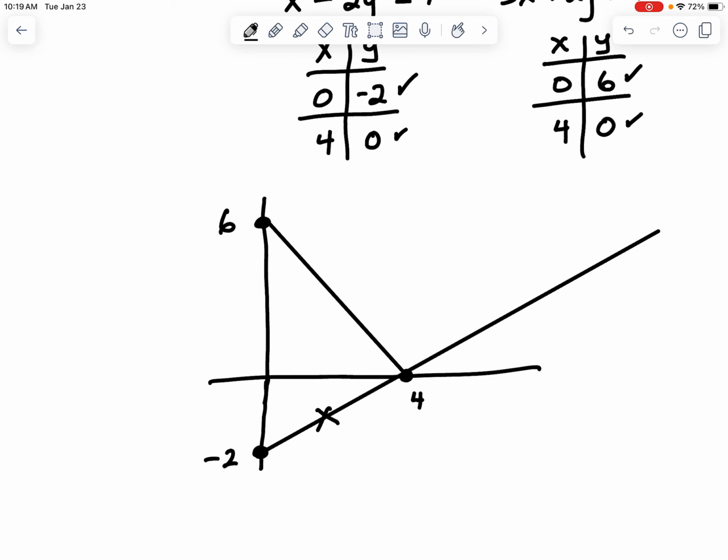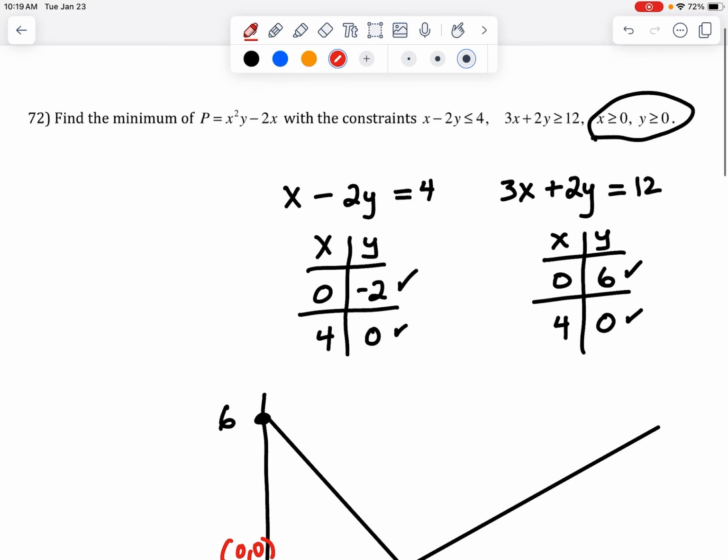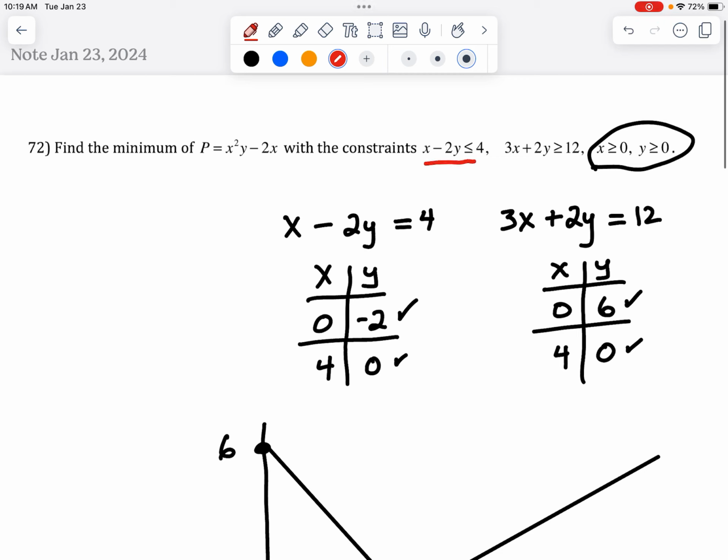So what I could do is test a point, especially if I have a red, and say test 0, 0. Is that the correct area? So if you go to this equation and you plug in 0 for x and 0 for y, the left side is going to say 0 is smaller than 4. So is 0 smaller than 4? That is true.